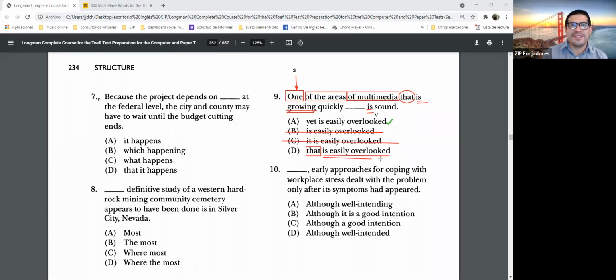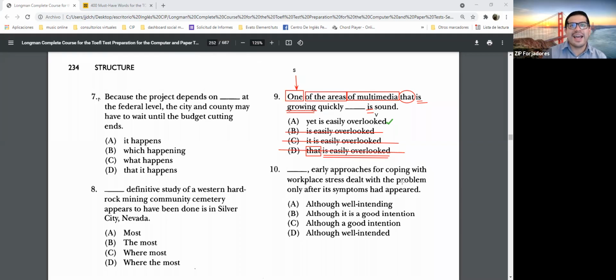This is the verb. It would be right, yes, but it's an adjective clause connector subject. And remember, an adjective clause connector subject has to be after a noun. And "quickly" is not a noun, it's an adverb. So that's why letter D cannot be, because it's after the adverb "quickly".